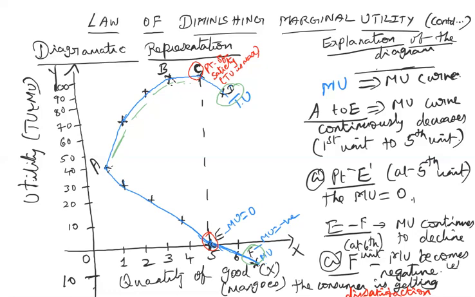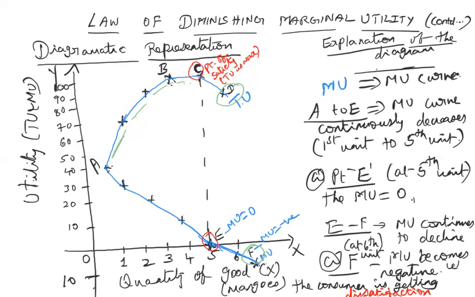If the total satisfaction kept on increasing at an increasing rate, then initially it should be 40, then later it should be more than 40, then more than 50, and so on. But it is not happening like that. The total satisfaction of the consumer, when he keeps on increasing the consumption of the commodity, is increasing at a decreasing rate.